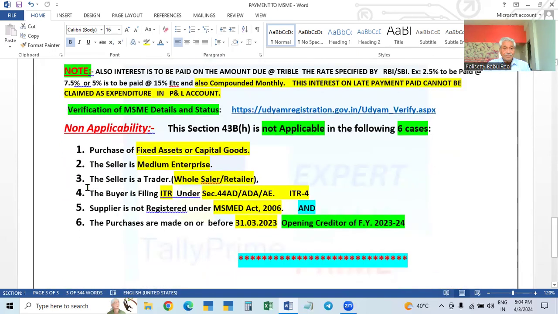The next one is where the buyer is filing ITR under section 44AD, 44ADA, and 44AE. That is, if he is filing ITR 4, it is applicable only if the supplier's accounts are to be audited. If they are not to be audited, there is no auditing liability.